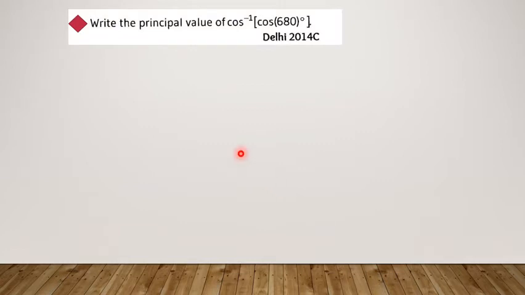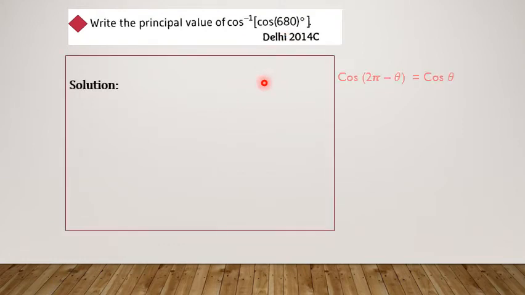This is another question. We need to find the principal value of cos inverse cos 680 degrees. Here we need to find cos 680 degrees, then we substitute that value here, and then we reach the answer. We know the identity cos of 2 pi minus theta is cos theta.